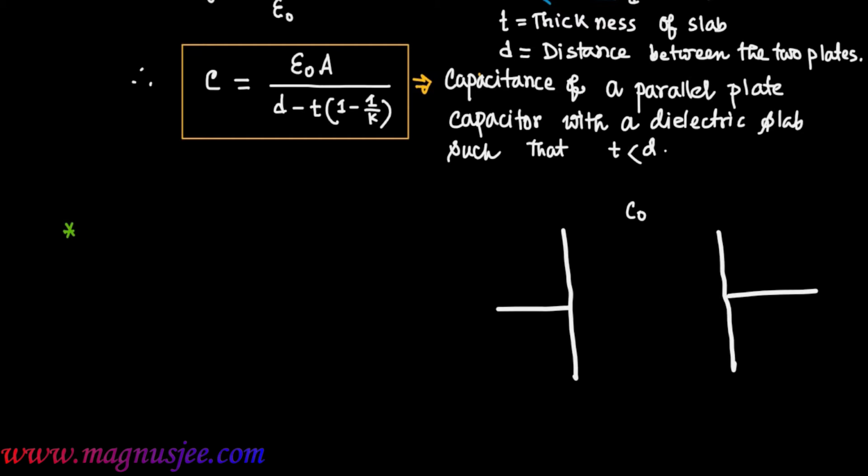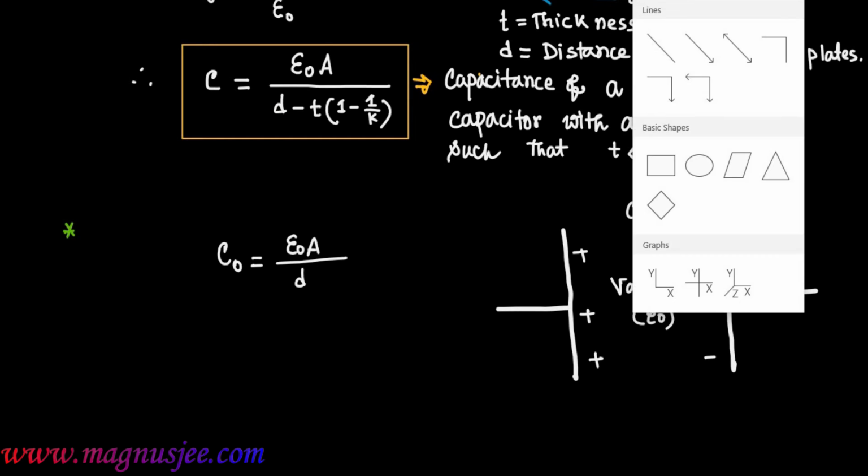Additional information here: C0 is the capacitance of a parallel plate capacitor with vacuum. The intermediate medium between the two plates of the parallel plate capacitor is vacuum. These are the positive charge and induced negative charge. C0 equals epsilon 0 A divided by d.